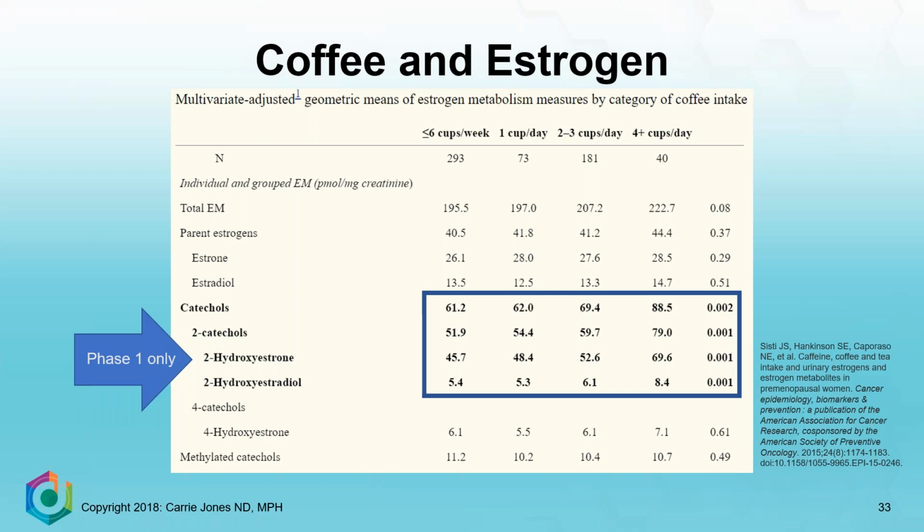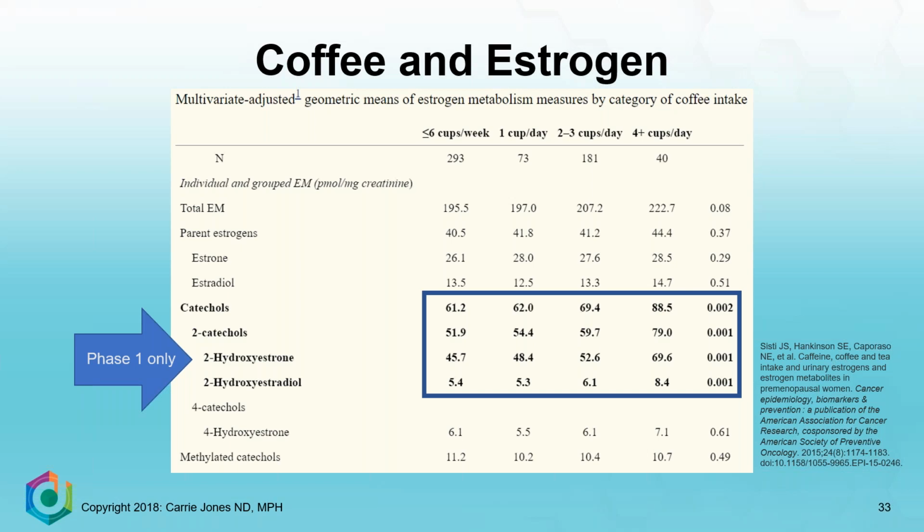Now, it doesn't help your phase 2 pathway. It just helps your phase 1, moving your 2 pathway. So for those of you who are coffee drinkers, you can rejoice, and you can see across the top the cups a week, less than 6 cups a week, all the way up to 4+ cups a day. Now, we know, obviously, that coffee can have other potentially negative effects as well, such as on your cortisol.